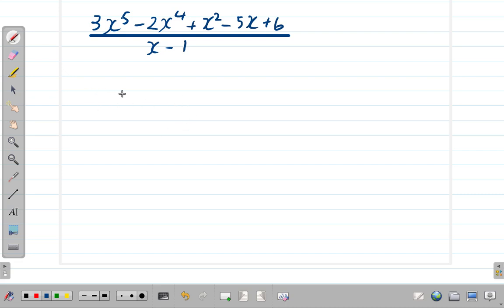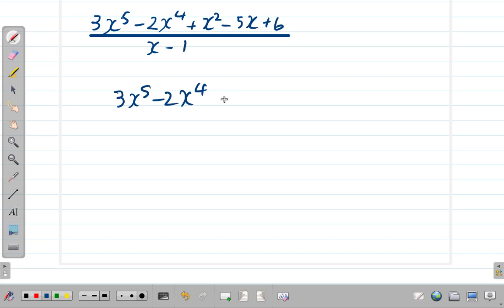What we have here is 3x to the power of 5 minus 2x to the power of 4. Then we have x squared, but guess what now? You need to write it out in order of powers of x and show all the powers of x. So we have x to the power of 5 here, x to the power of 4.